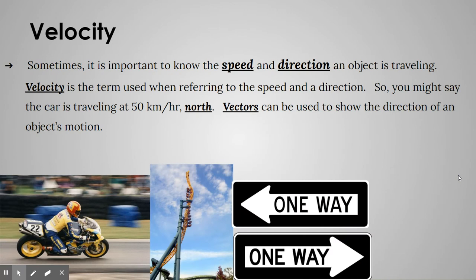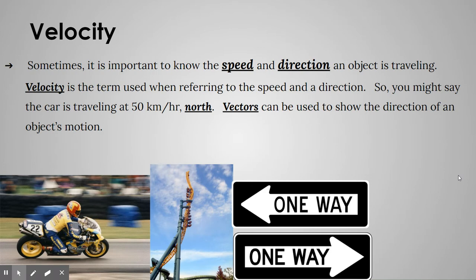Next, let's move on to velocity. So now we're going to look at the velocity section of your notes. So your definition of velocity, it's a term that refers to both speed and direction. So you don't have to write the whole thing, but speed with direction. So velocity and speed are essentially the same thing, except velocity is going to tell you which way you're going. Okay.